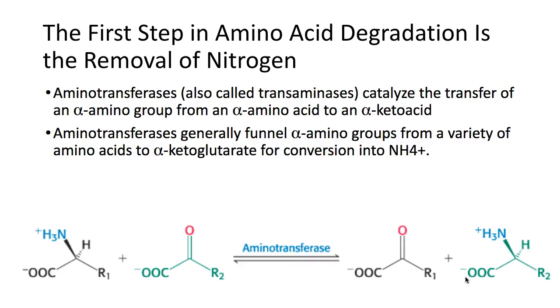So in general, where you have this amino group transfer, it utilizes an enzyme called aminotransferase, which transfers the alpha amino group from the amino acid onto an alpha-keto acid.